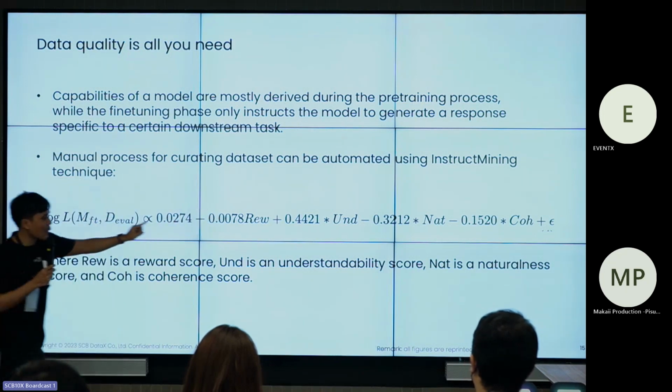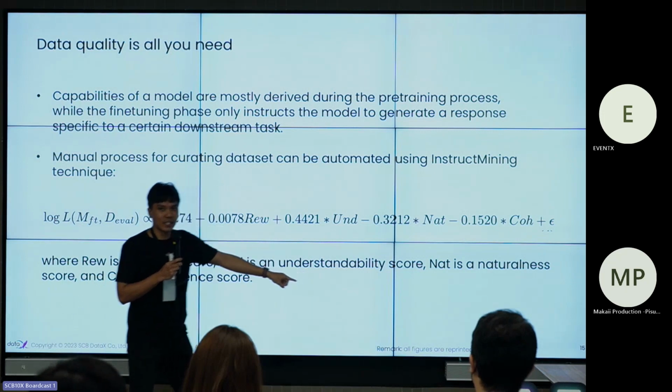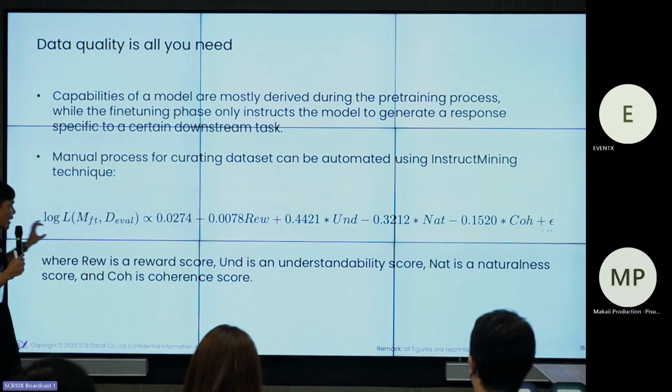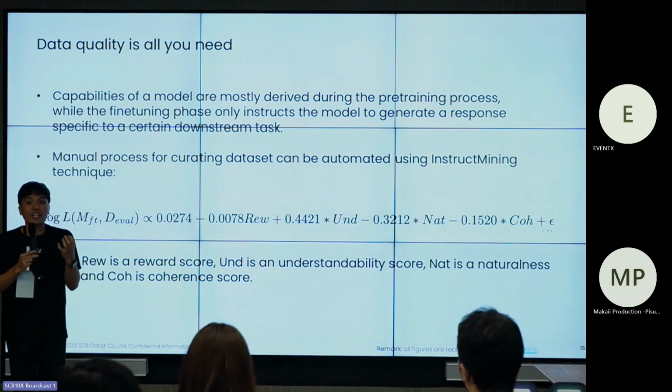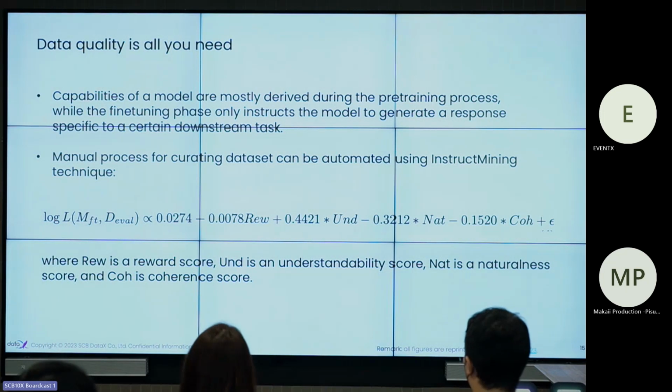You may go through the paper for the original equation, and there are a lot of technical terms here, but the fact is that we can quantify it somehow. And at this point, we have the high quality data set.